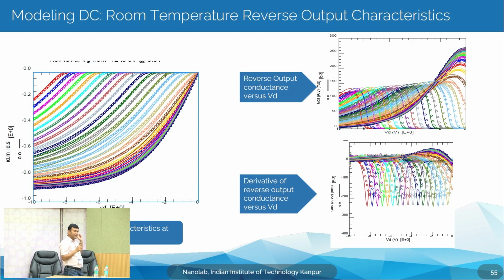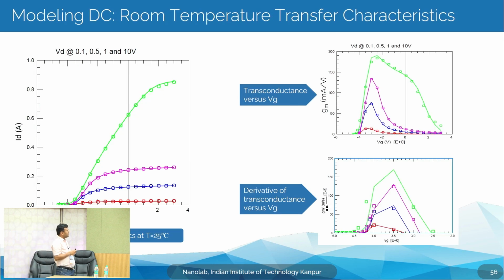You can see the demand on the model, how accurate it has to be. The second derivative of current has to really capture the measured data. Then this is ID-VG and that is GM and the derivative of GM.